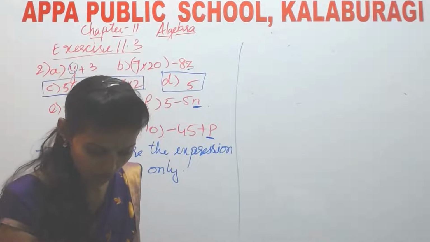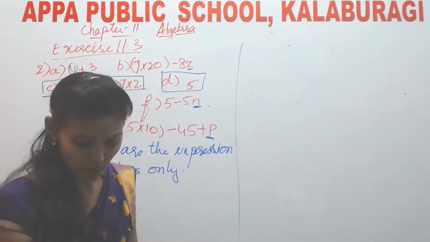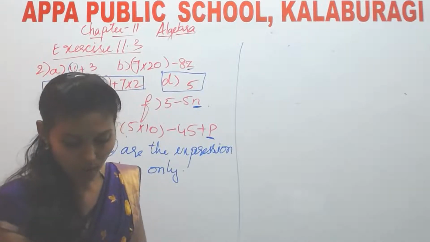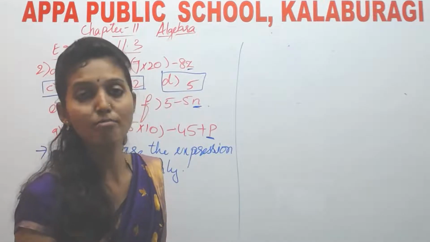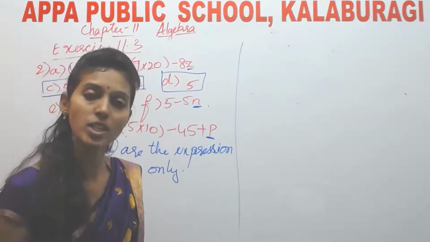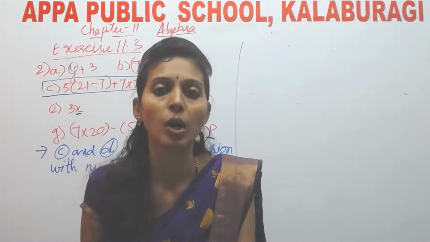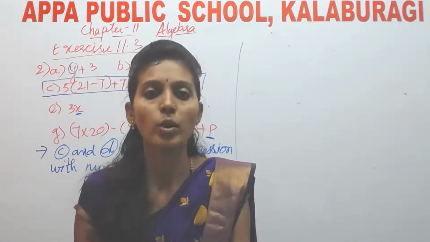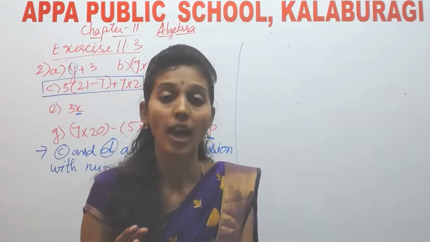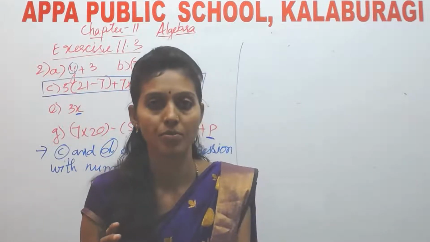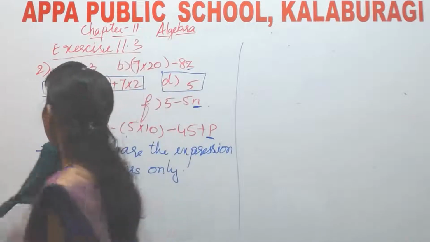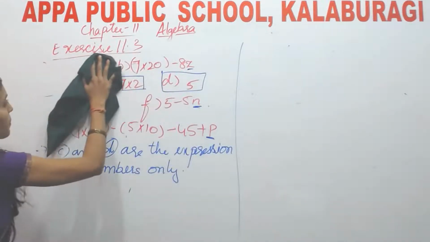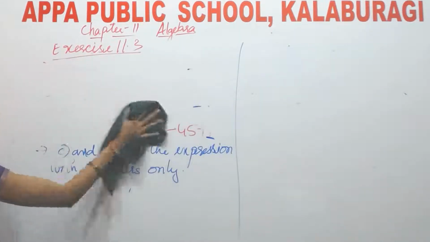Identify the operation in forming the following expressions and tell how the expressions have been formed. Expressions are given in the third problem. What we have to do is find which operation has been used and how it was formed.